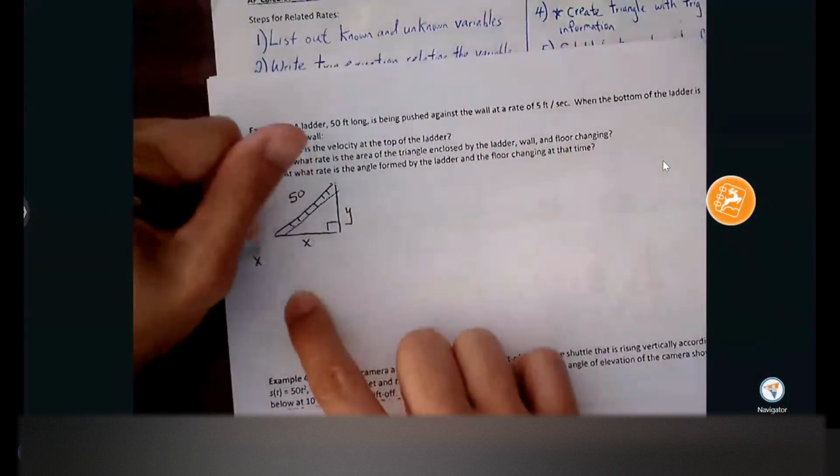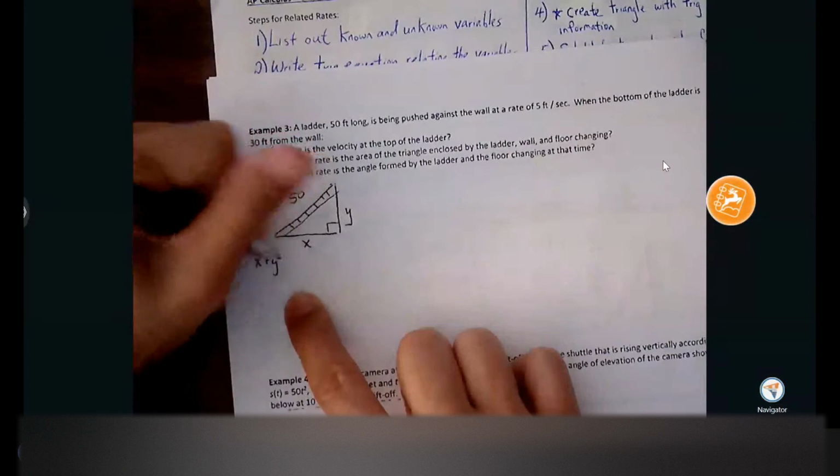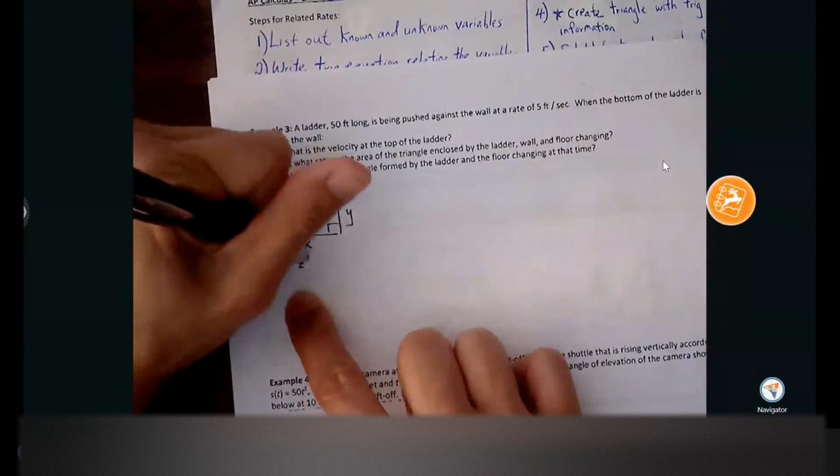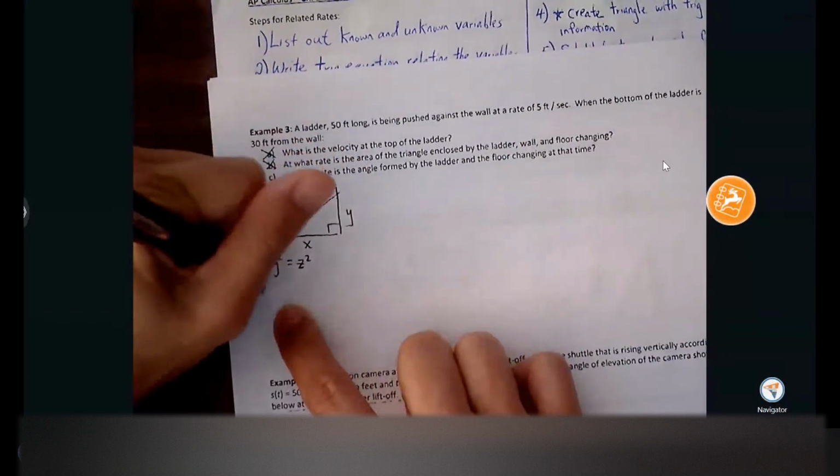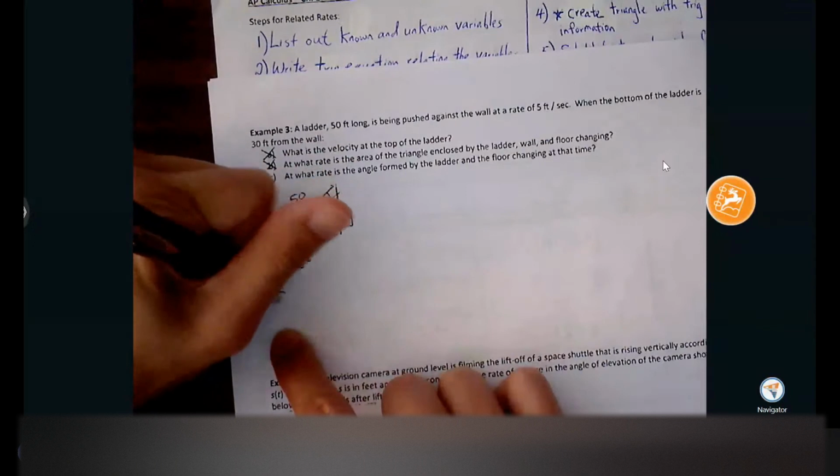But ultimately, we know it's a Pythagorean theorem problem, so I'm just going to fast forward through A here, or sorry, through A. 2x dx/dt.